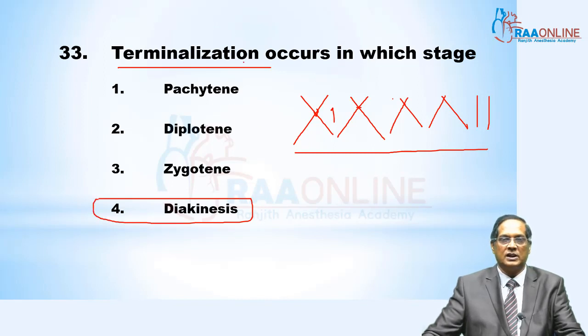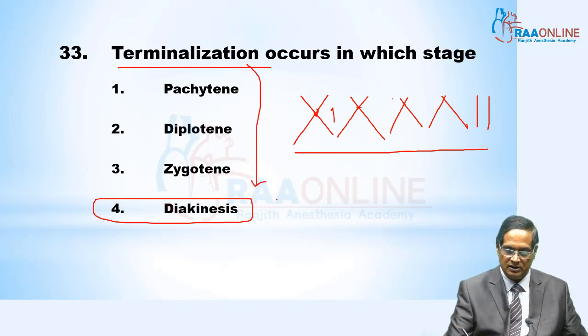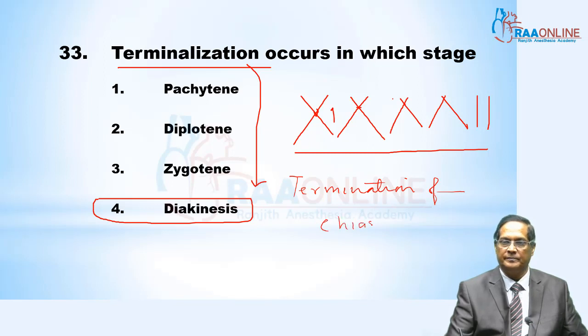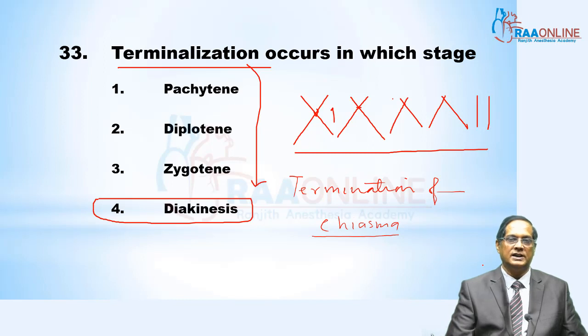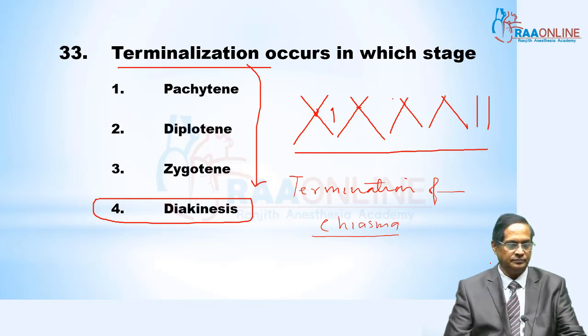The process of terminalization, that is termination of chiasma. What is terminalization? Termination of chiasma is known as terminalization.